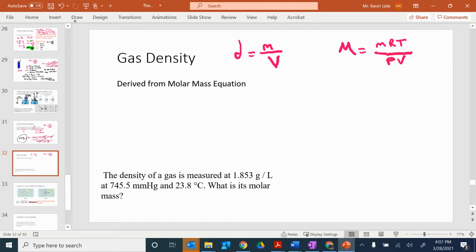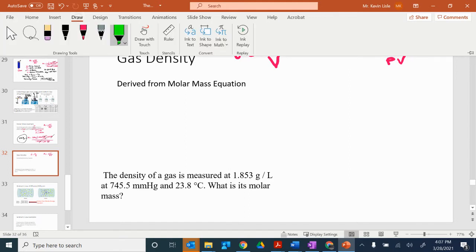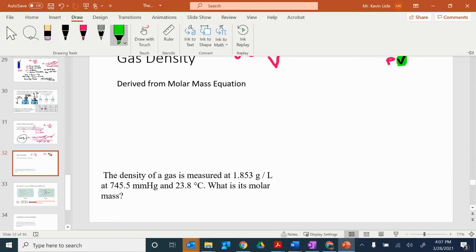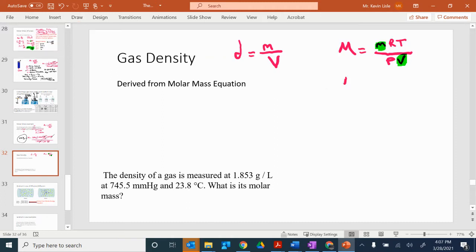So I want you to look at what we have here. In this equation, we have mass divided by volume, right? Another way I could write that is molar mass is equal to mass over volume times RT over P. Same thing.